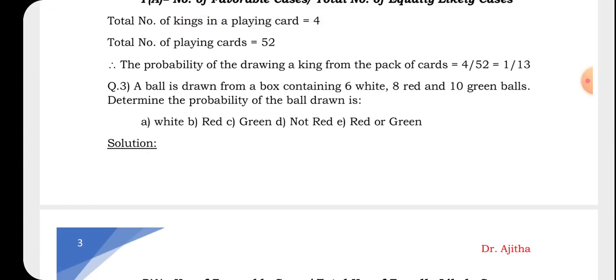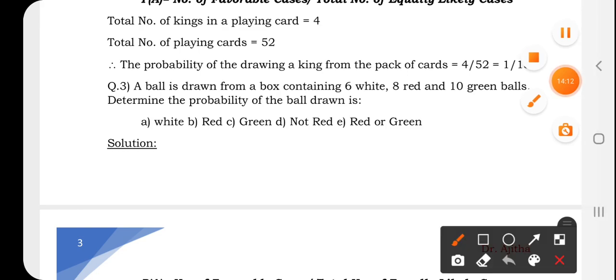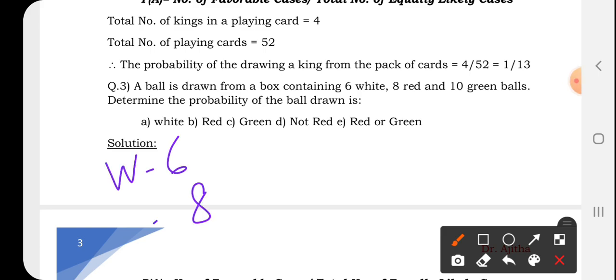Next question is, a ball is drawn from a box containing 6 white, 8 red, 10 green balls. Determine the probability of the ball drawn is, there are different options. I'll just tell you 2 points and remaining you can find out. For example, you are having 6 white, 8 red, 10 green, right?